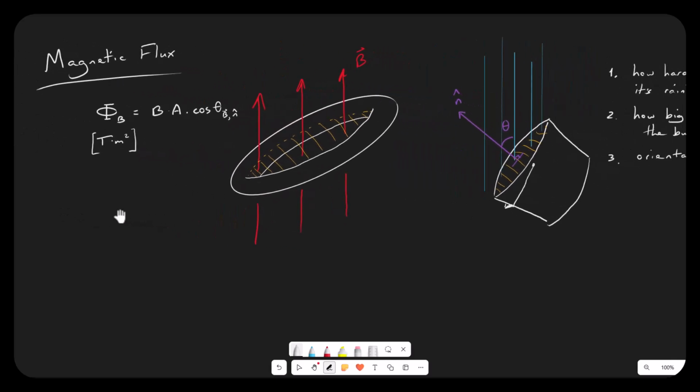When I'm back here, it is, again, a measure of how much of the red magnetic field is passing through my loop versus the blue rain, but there's not really any big difference there.